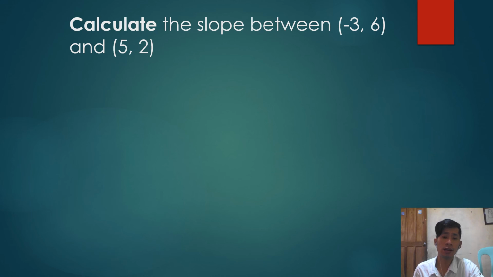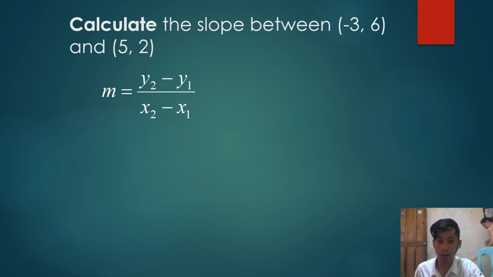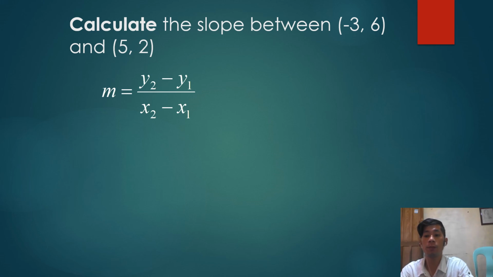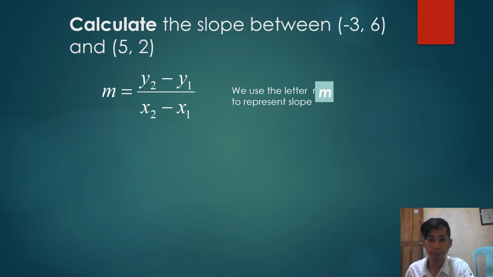So let us have an example. Calculate the slope between (negative 3, 6) and (5, 2). So first, let us have a formula first. So m, always remember, small m represents the slope of the line. So we use letter m to represent the slope.